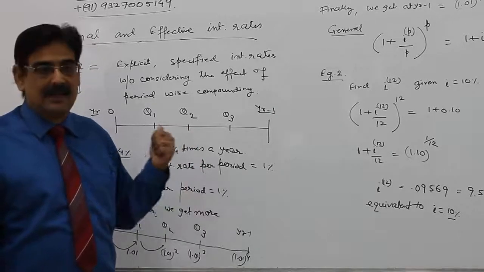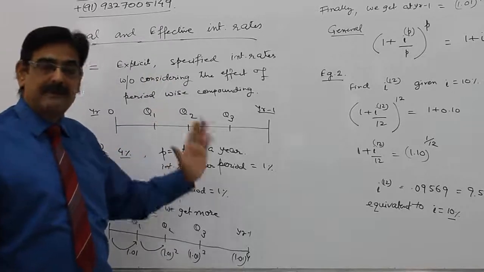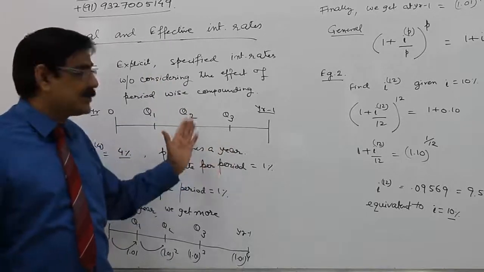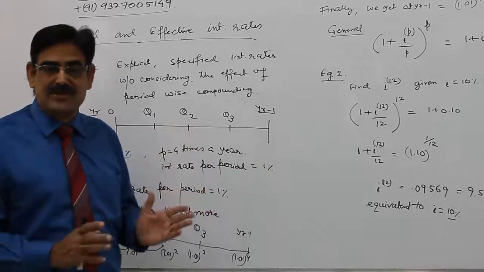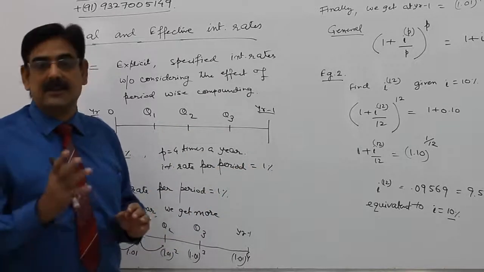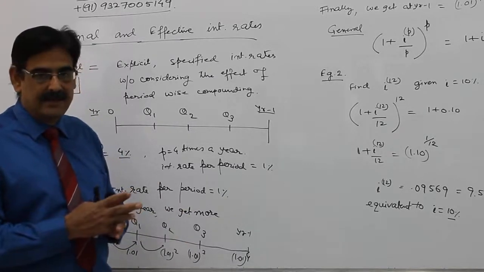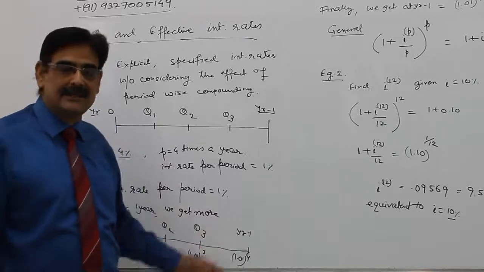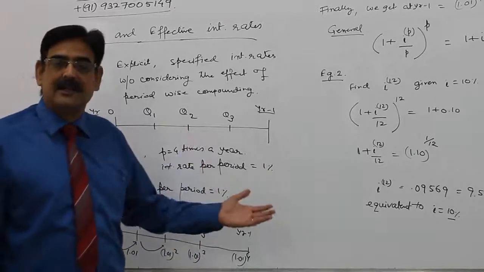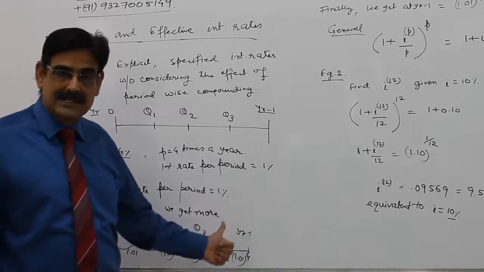Let me explain again: in the nominal interest rate, the compounding effect of short-term compounding has not yet been considered. It is only what has been written and specified over the financial instrument or certificate. But what we really get in our wallet is the amount after considering the compounding effect as well.